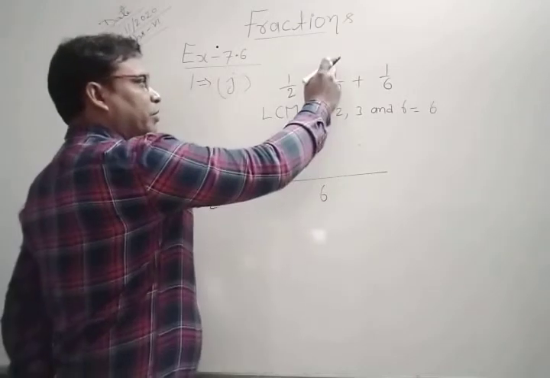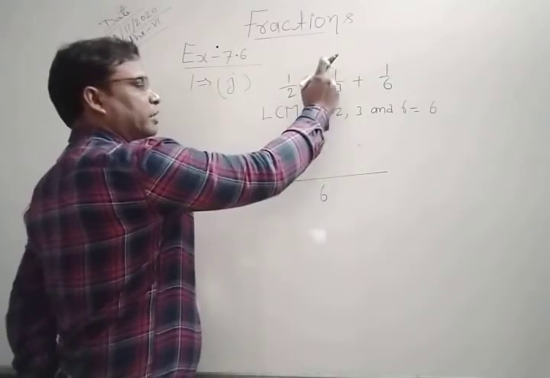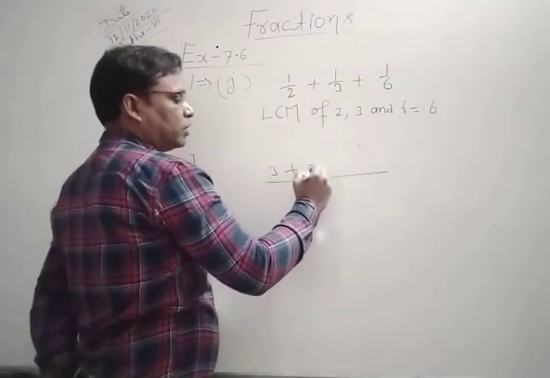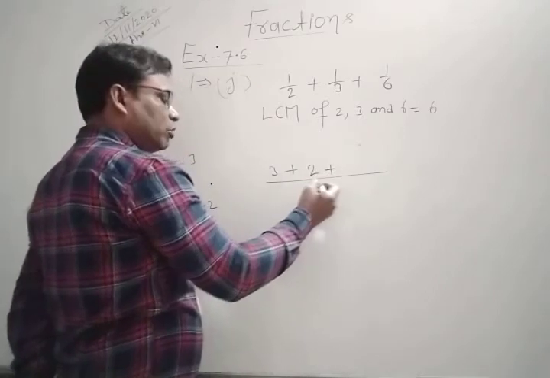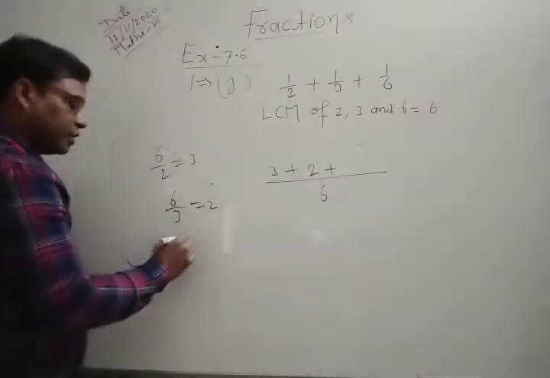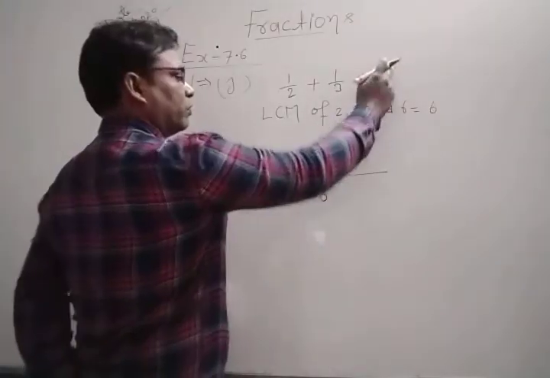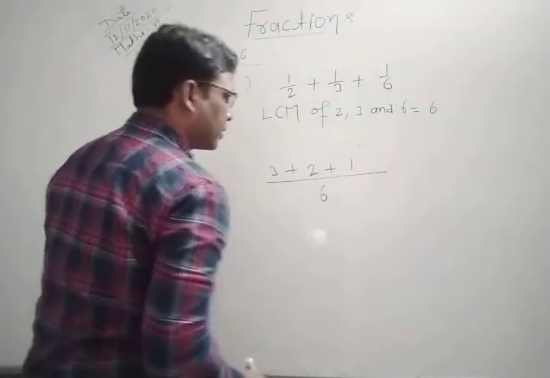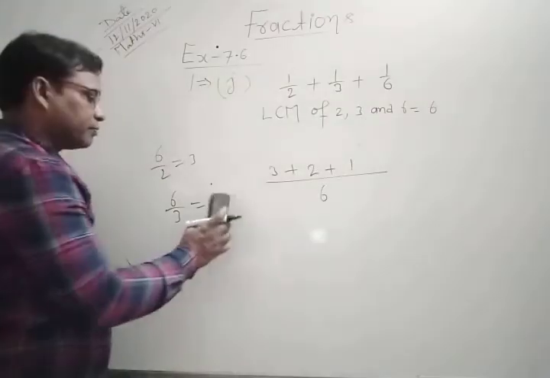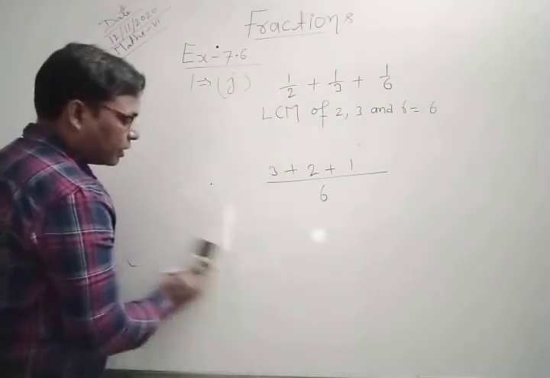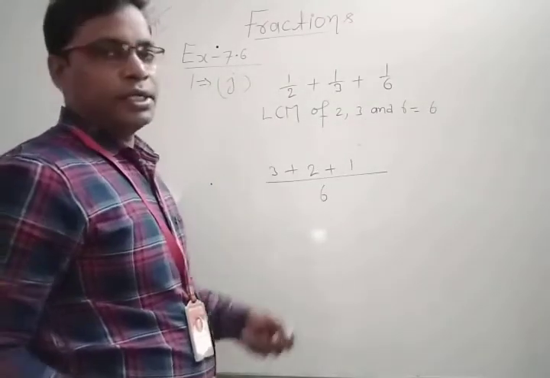Again we multiply this 2 by the numerator 1, so 2 ones are 2. Again, 6 divided by 6 is equal to 1, and 1 into 1 is again 1. Clear?